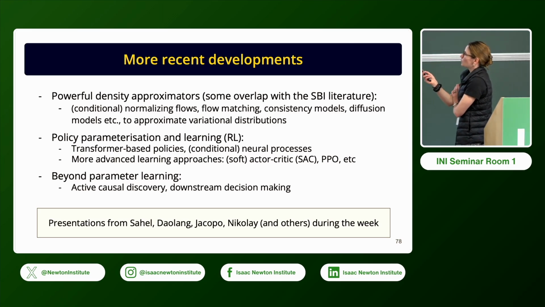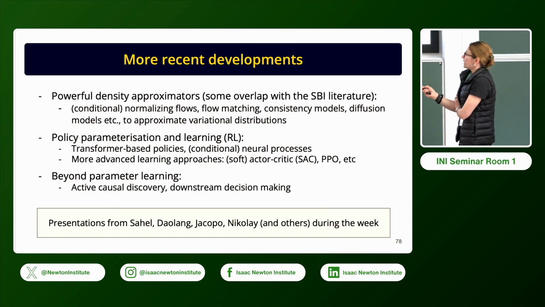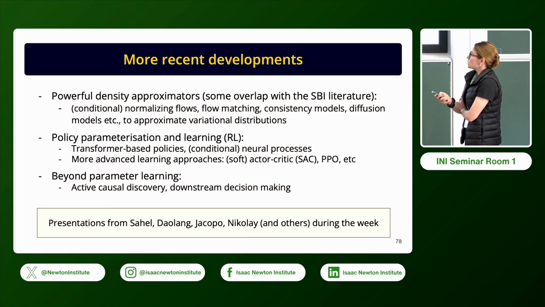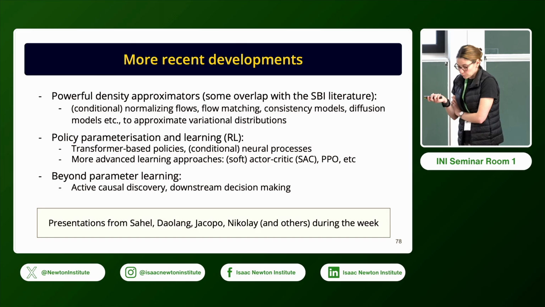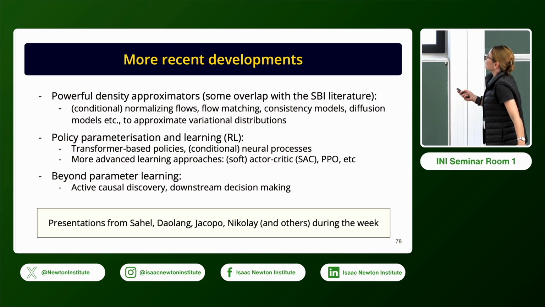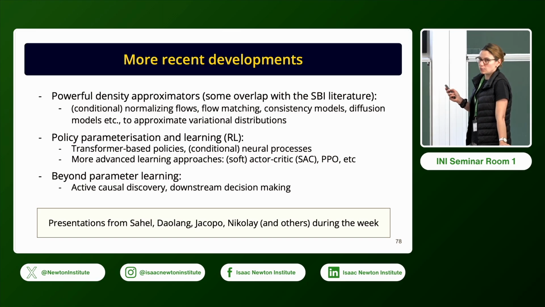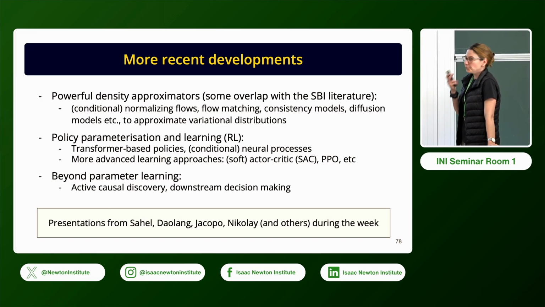So what are some more recent developments? Number one, we have seen a lot of development in the way that we approximate these posteriors and densities. There is substantial overlap with the simulation-based inference literature in the SBI community, right?